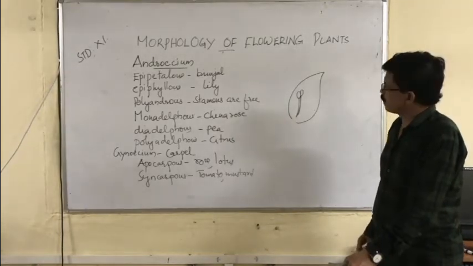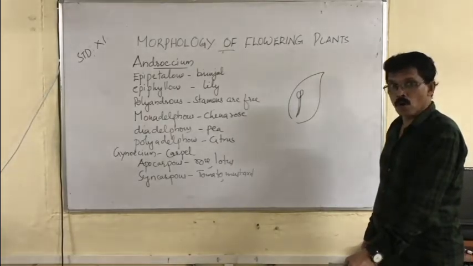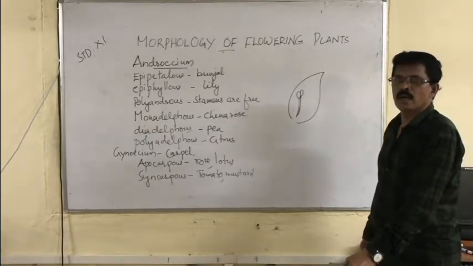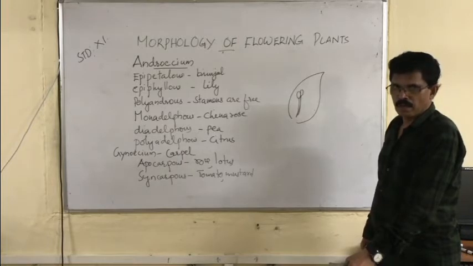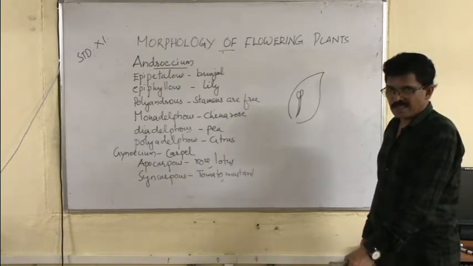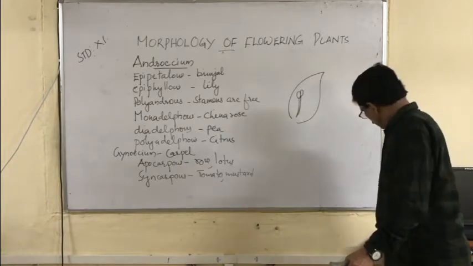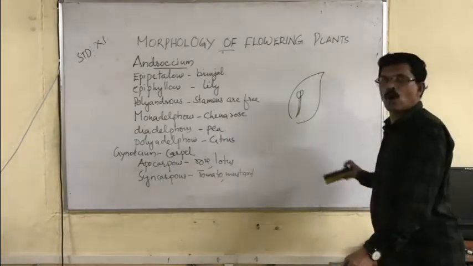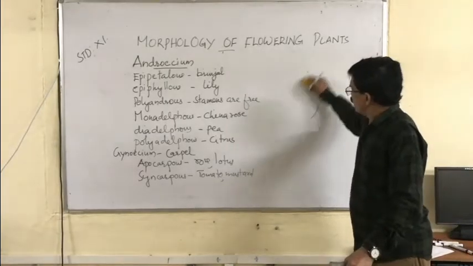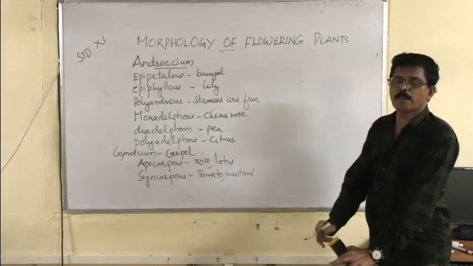Okay, what is perianth? In monocot plants like lily, the sepals and petals are fused together, which we cannot distinguish. Such a fused whorl is called perianth. So perianth is the fused sepal and petal.